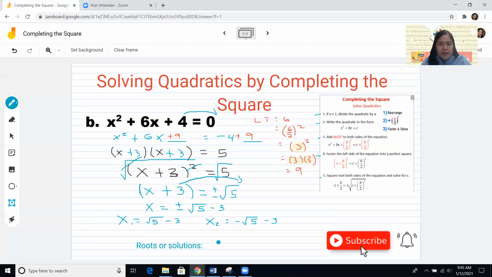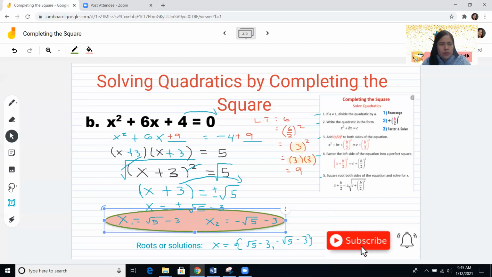Okay, we might also write our answer in the form of x is equal to, use a bracket again. You have square root of 5 minus 3. And also the other value of x, the comma, don't forget it. Negative square root of 5 minus 3. There you go. Okay, let us just highlight them for the roots.